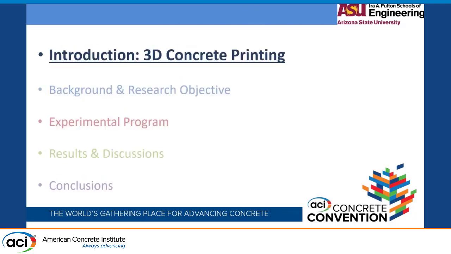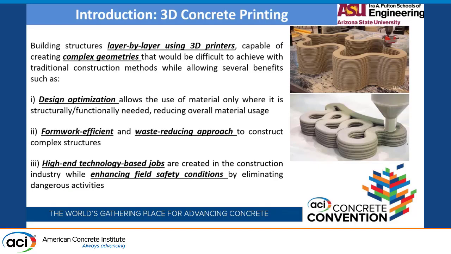So introduction to 3D concrete printing. 3D concrete printing is basically a layer by layer extrusion method where we extrude our material in layers and we print it in a plane and then we build up on the planar structure to form 3D structures. It provides various advantages such as design optimization so that we have to print material only where it is structurally or functionally needed.